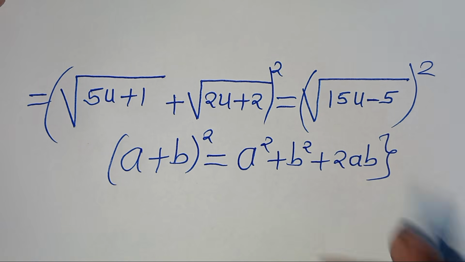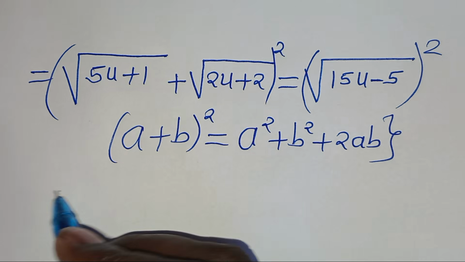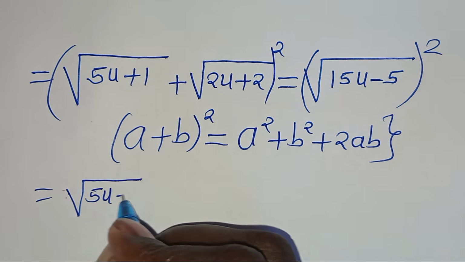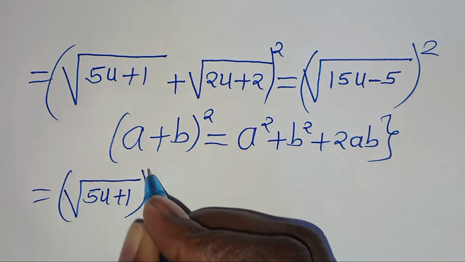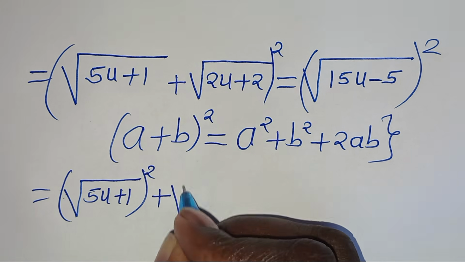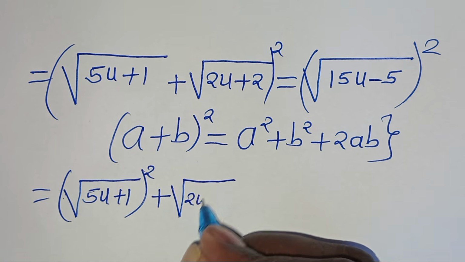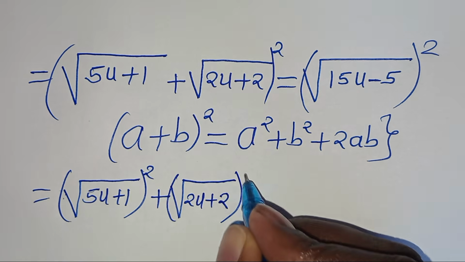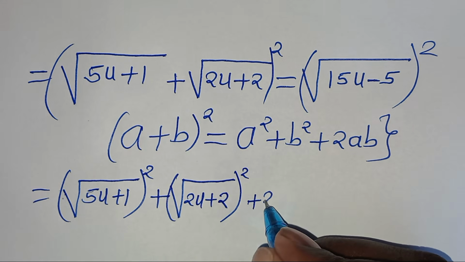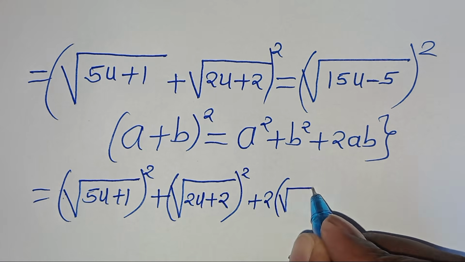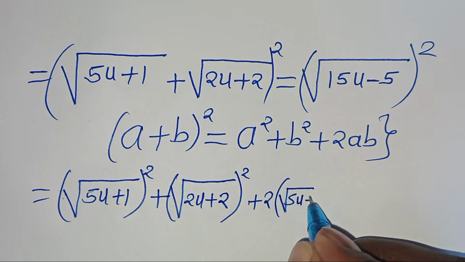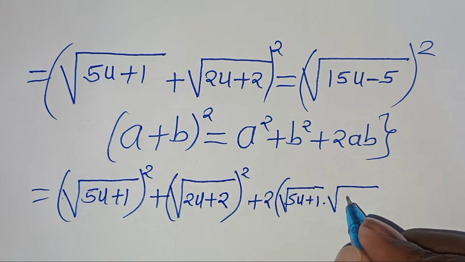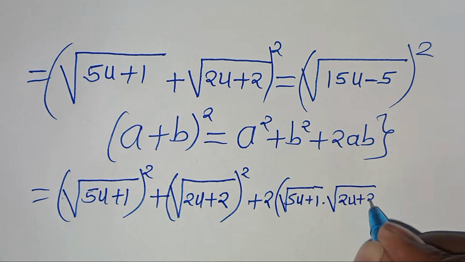Applying this algebraic identity, we have the square root of 5u plus 1 raised to the power of 2, plus the square root of 2u plus 2 raised to the power of 2, plus 2 multiplied by the square root of 5u plus 1 multiplied by the square root of 2u plus 2, close the parenthesis.